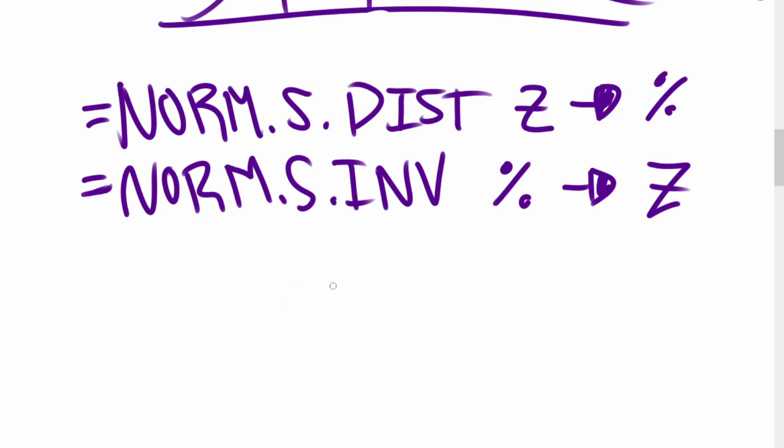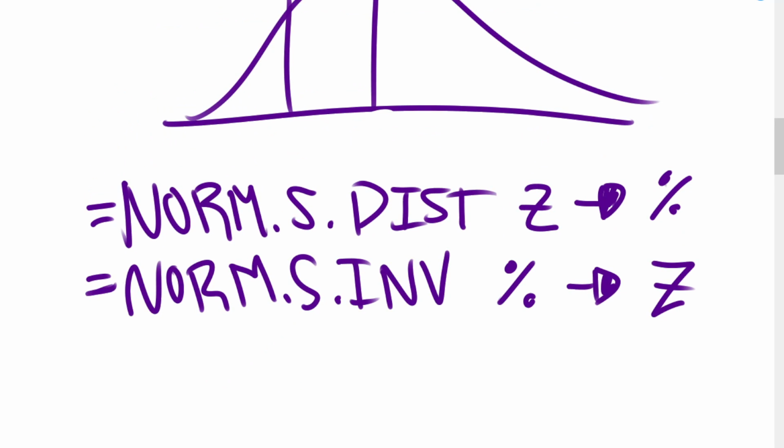Now norm.s.dist and norm.s.inv both take your spot that you're at and calculate to the left. At least I think it does for norm.s.dist. So if it says something like greater than your z-score, you're going to have to subtract this from 1 or 100.